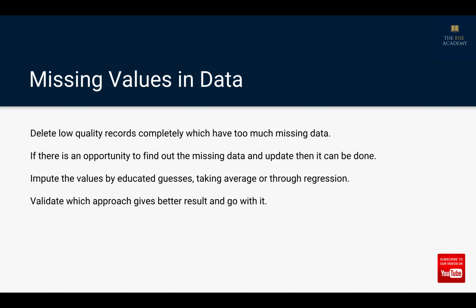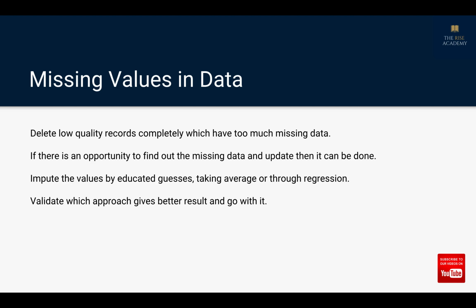So instead of taking a record which has very little data, it's just better to exclude it, right? Sometimes, however, especially if you are collecting customer data and they miss giving out some information to you, either because they made a manual mistake or they just did not answer, you can reach out to them again and try to gather the data if that is a possibility. If you have done some kind of survey, you can maybe request them to fill up some of the missing information.